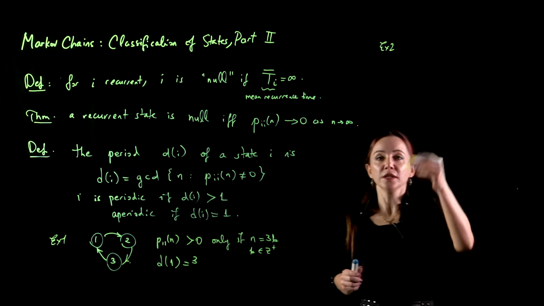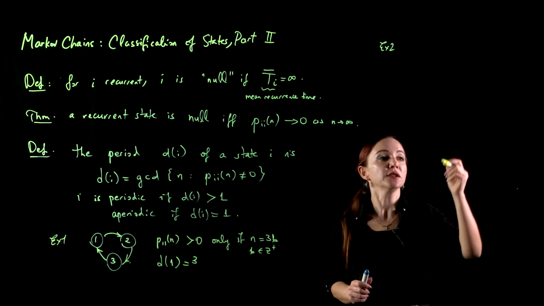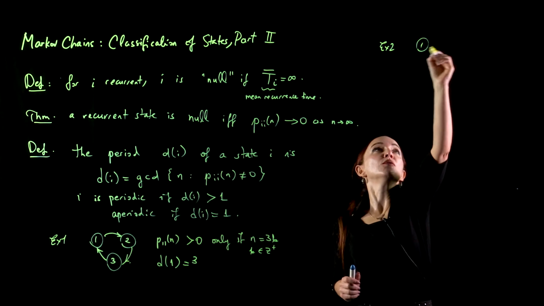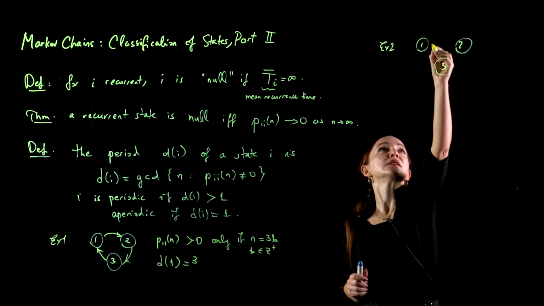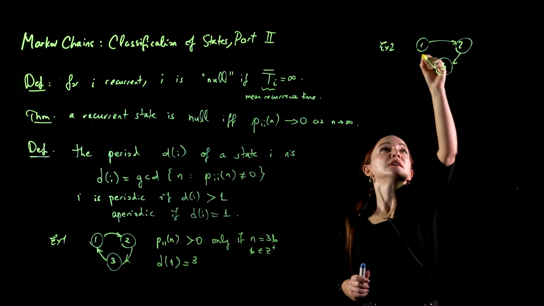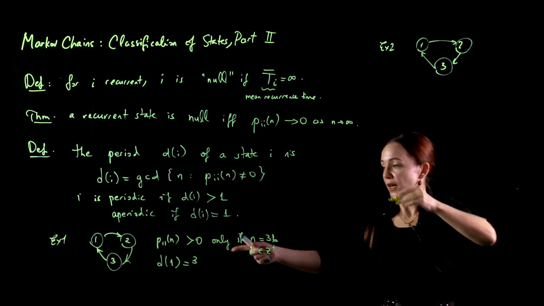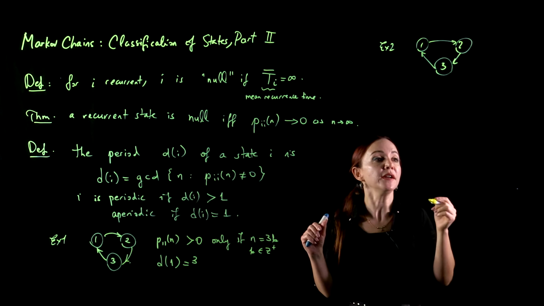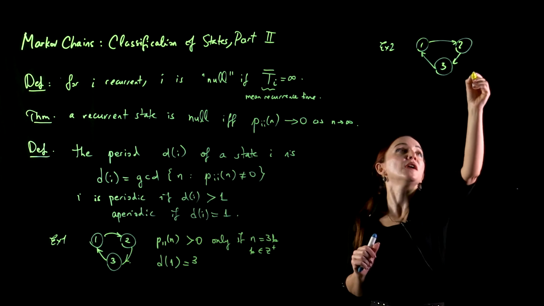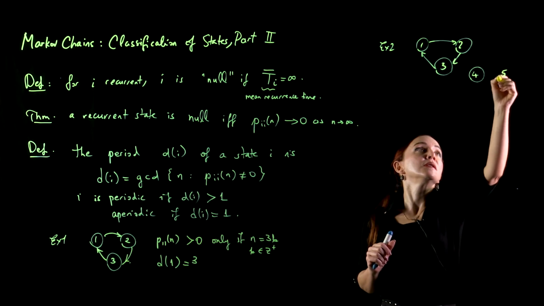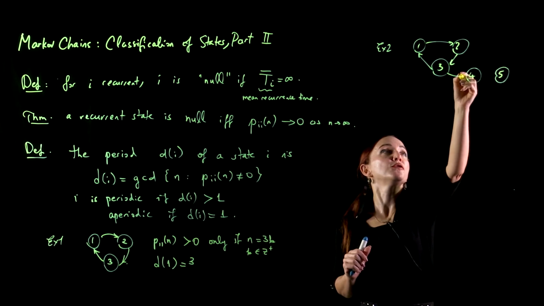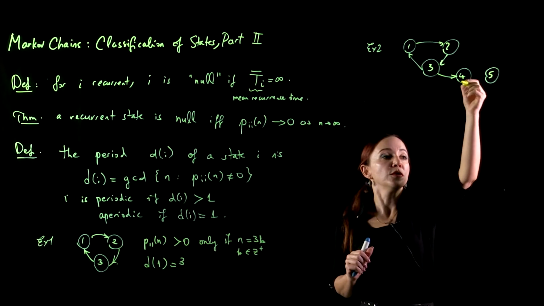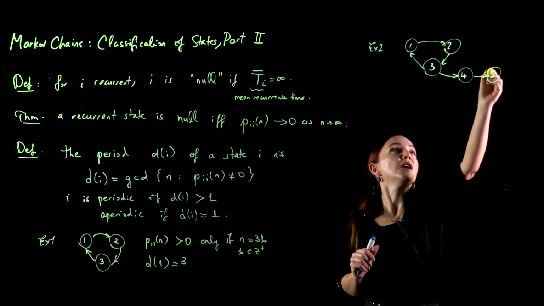Example 2 could be a little bit more non-trivial, perhaps. We have 1, 2, and 3, and they form a cycle just like this one, except now we're adding states 4 and 5, such that from 3 you can go to 4, from 4 to 5, and from 5 back to 3.